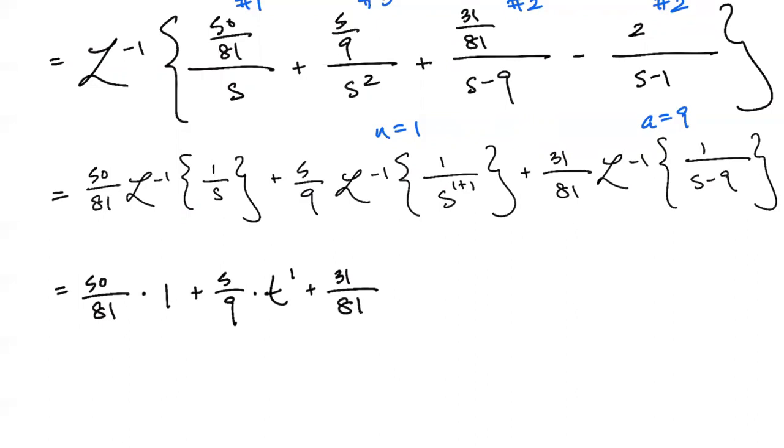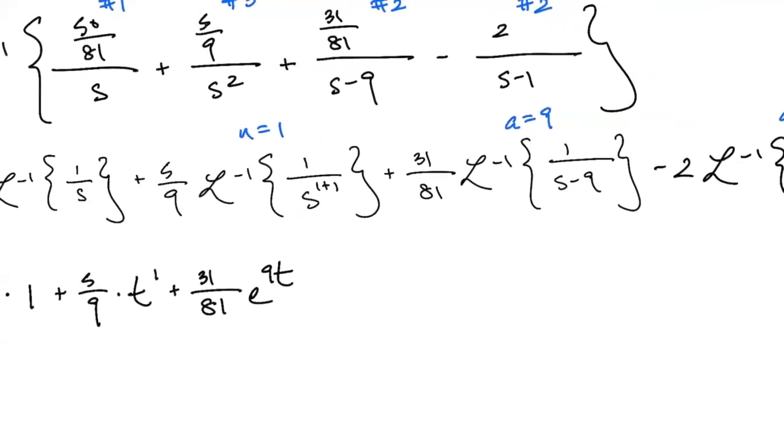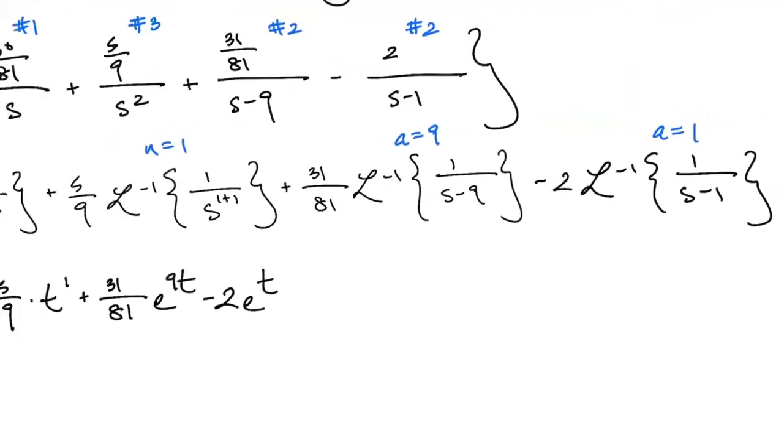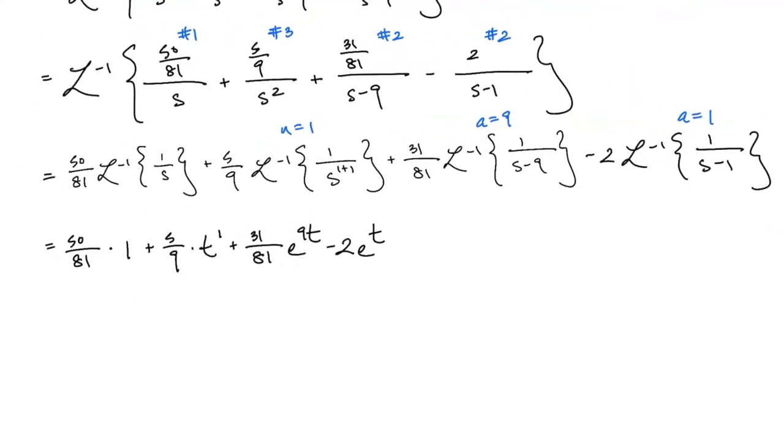This is line 2, so e to the 9t. And then the last one is minus 2e to the t because a is 1. All right.